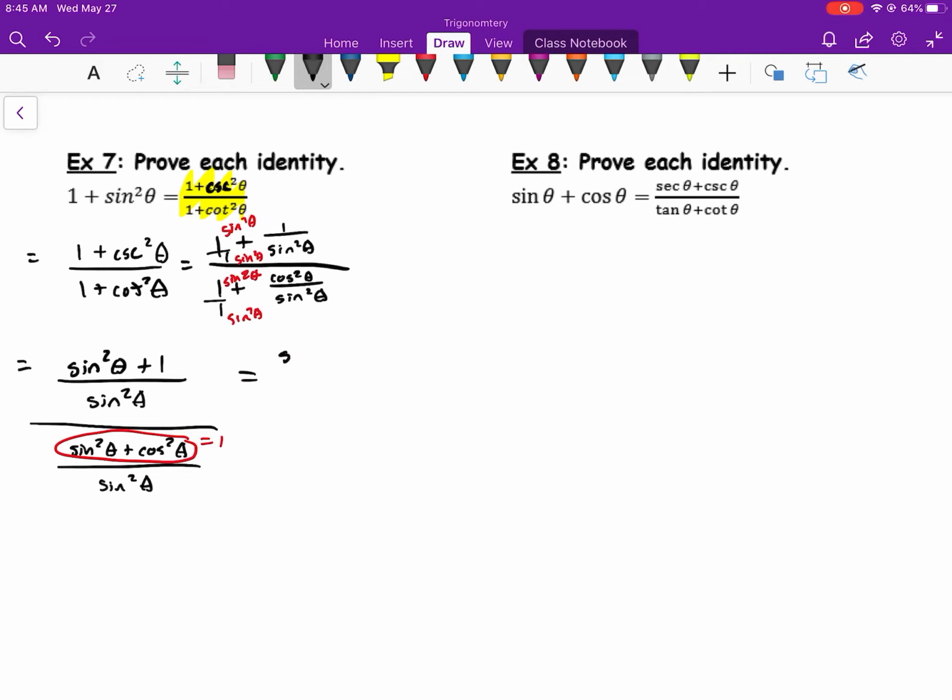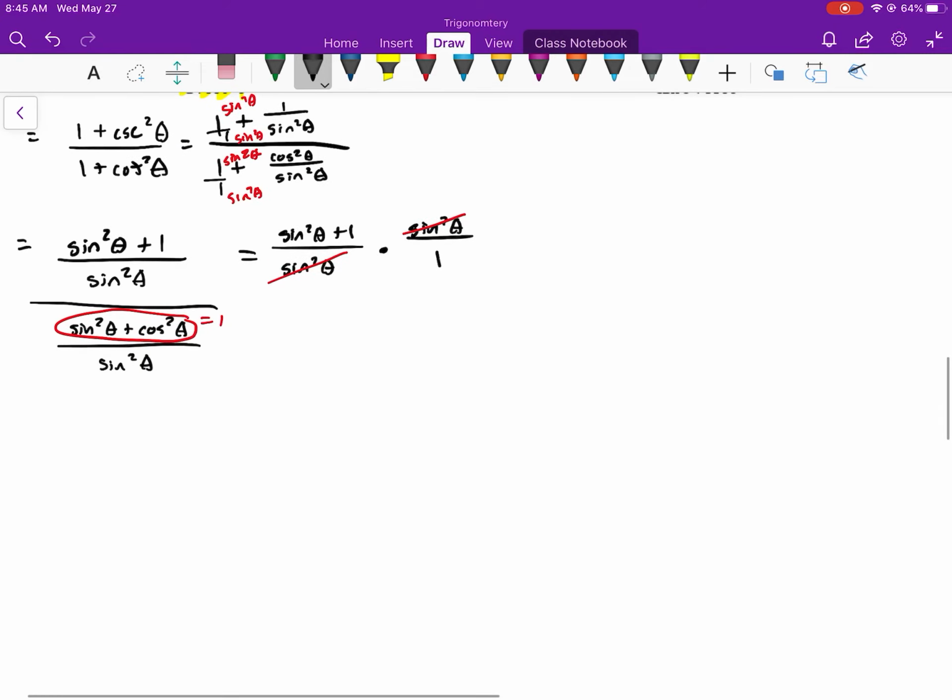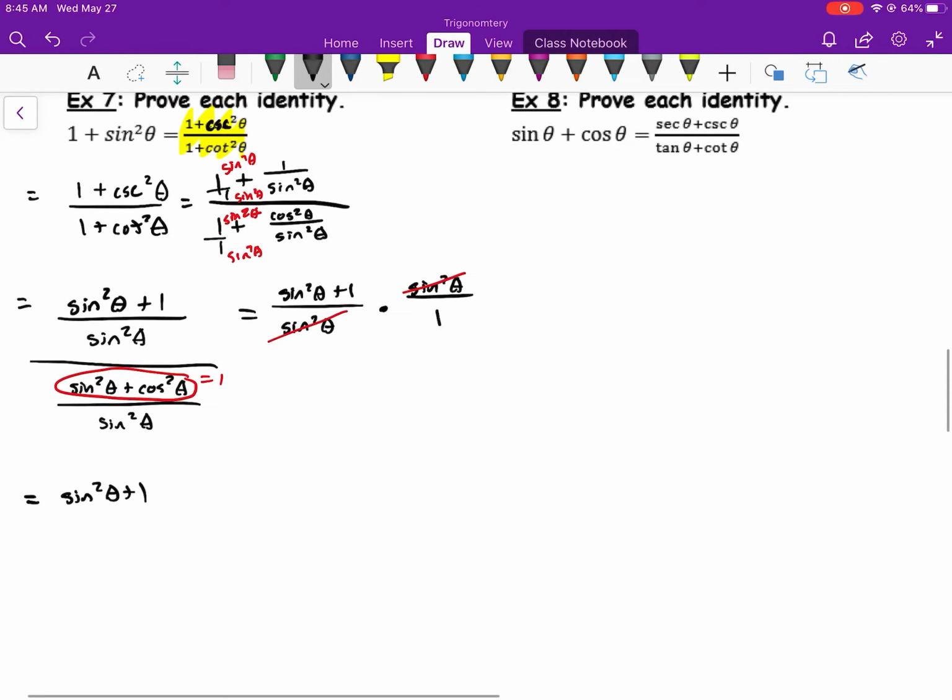So I'm going to flip and multiply here. I have sine squared plus 1 times the reciprocal. So I have sine squared theta on top over 1. Sines cancel out. So I'm left with sine squared theta plus 1, which, if you use the commutative property of addition, is 1 plus sine squared theta.